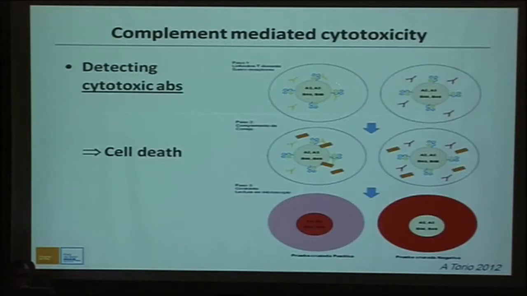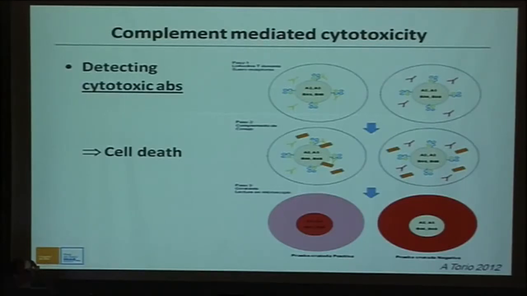We confront these T lymphocytes of the donor with the recipient sera and add rabbit complement to increase the reactions. And if there are some antibodies in the blood that will react against the T cell lymphocytes of the donor, this cell will die, and we will see it in the microscope.